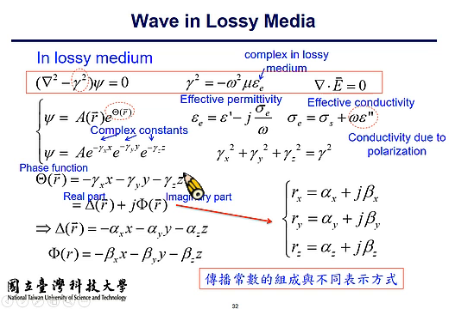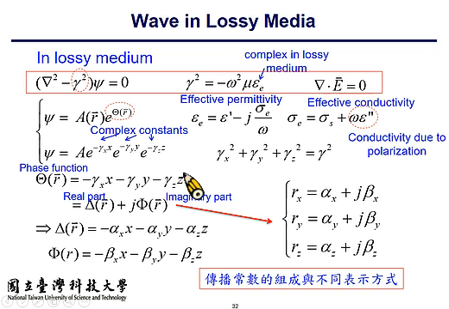Okay, here the propagation constant is gamma equals to alpha plus j beta. Alpha is referred as the attenuation constant, beta is the phase constant. So gamma is a complex number. But keep in mind that both alpha and beta are positive real number for ordinary material.